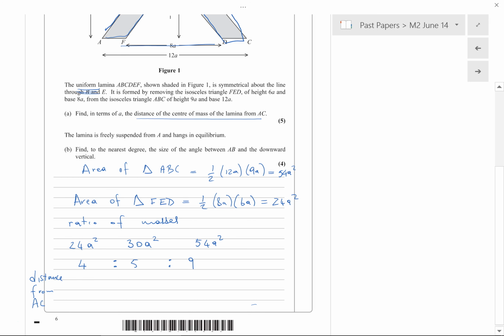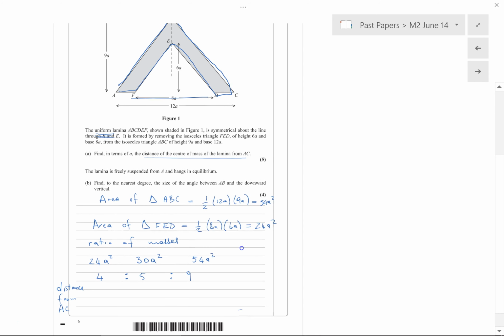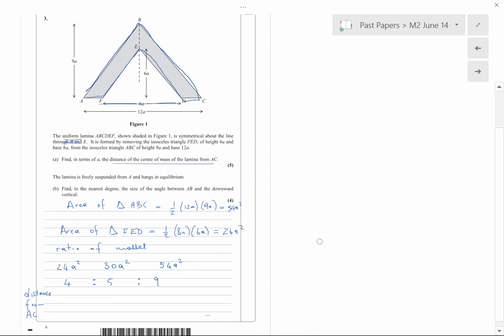For the 4a, that is actually the triangle here. That's represented by the triangle. That's corresponded to my 24a squared, which was the area of the triangle. That would be a third of the way up here. So that would be 2a, because the height of that triangle is 6a there. So it would be 2a.